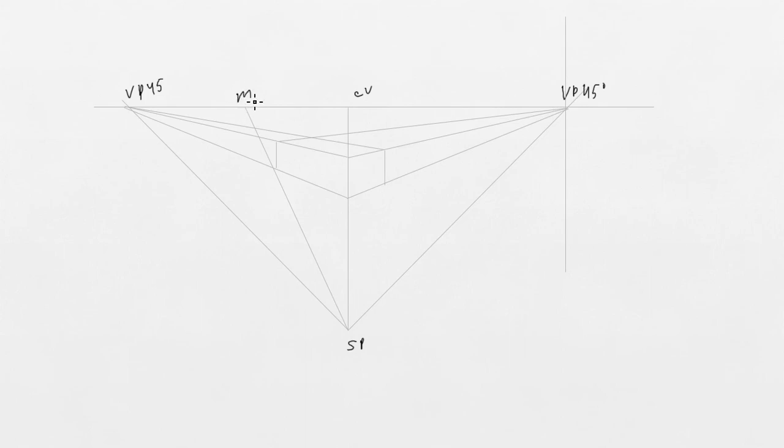We find measuring point 45 degrees, and this angle, this one, represents the angle of the roof in perspective. Okay, let's choose this one, and on intersection we got an ascending vanishing point, or you could call it whatever you want.